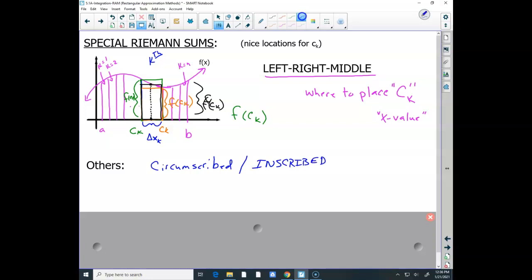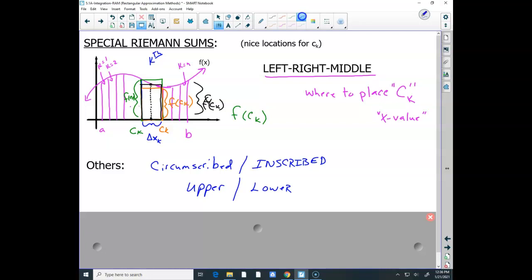The inscribed one would be like the orange one, which is going to give me an underestimate. Circumscribed, another word for that, would be upper sum, because it's typically overestimating everywhere. Inscribed would be called my lower sum, because that's typically under my curve, giving me an underestimate.